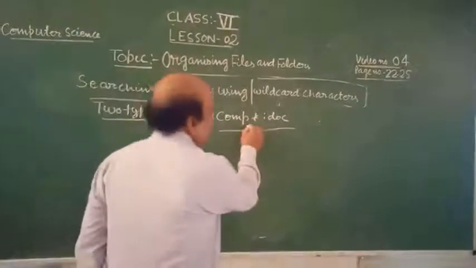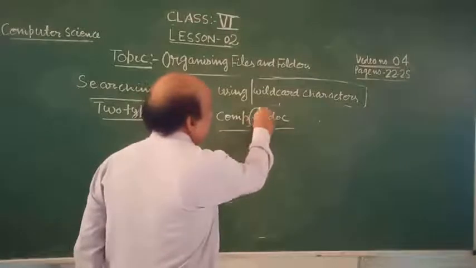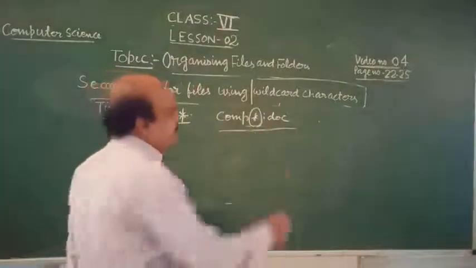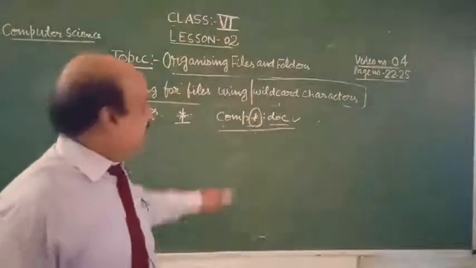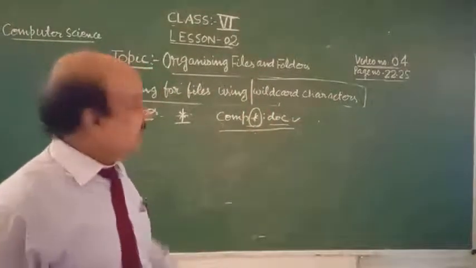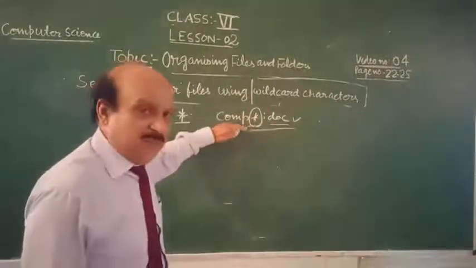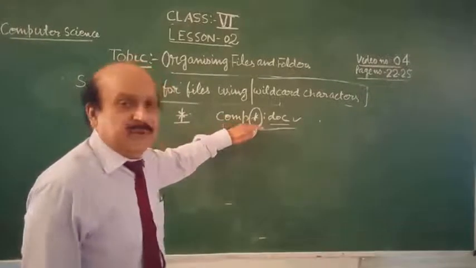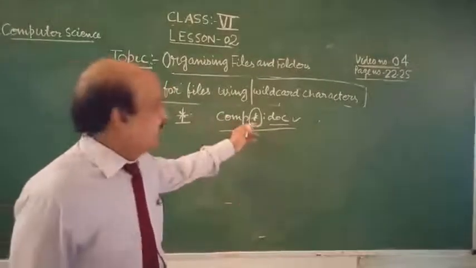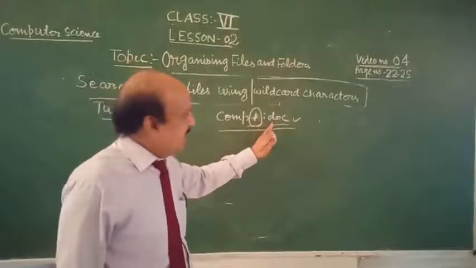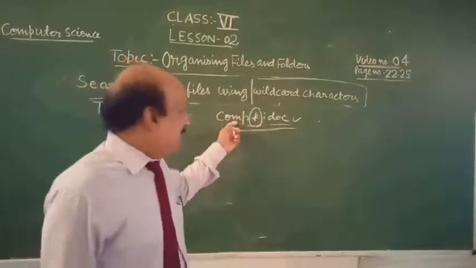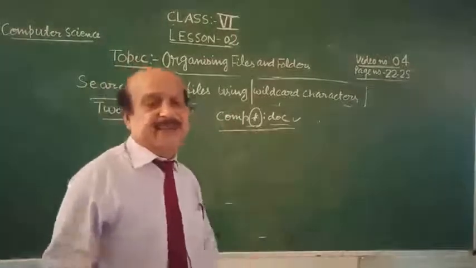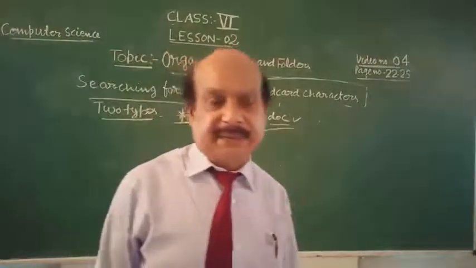After that, more than one character can be used here, and the extension will be .doc. So only those files will be displayed on the monitor. It means comp will be there. After that, if you want to use 2 or 3 characters here, you can, but the extension will be doc. So all the files related to comp and the asterisk sign will display on the screen.